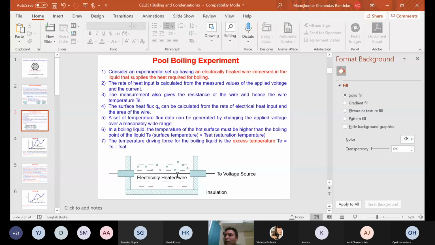In fact, one such experiment you are going to do later on in your process control laboratory, where you will see that you can increase or decrease the voltage, and by doing that the temperature is increased or decreased. So this experiment you are going to do later on in the process control lab.